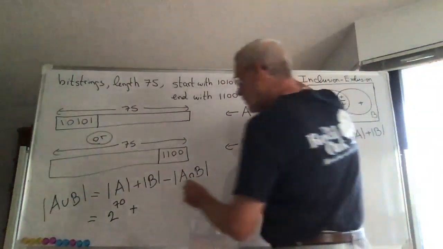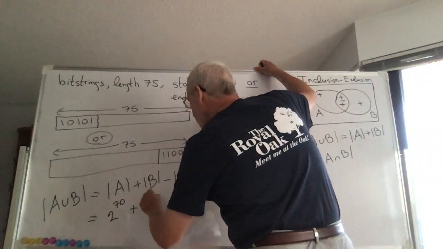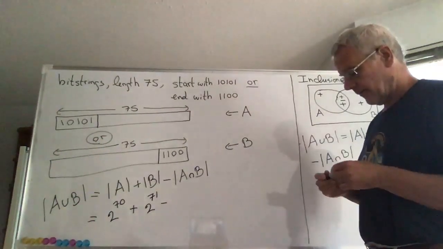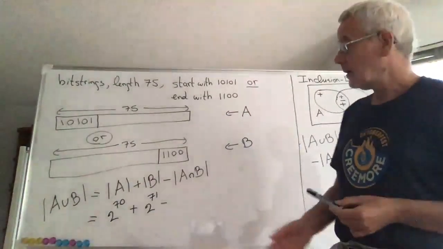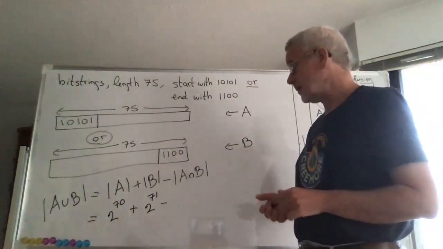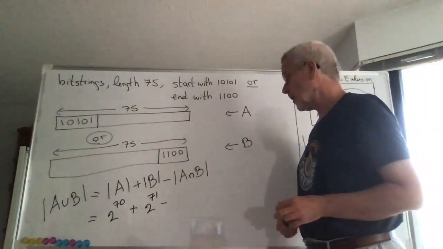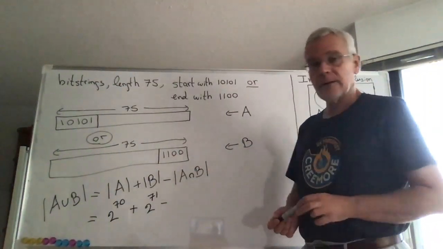So the number of ways to do this is 2 to the power 71. Because we have 75 bits, and the last 4 of them must be 1100, so we really have to choose 71 bits. So now I have to subtract A intersected B.